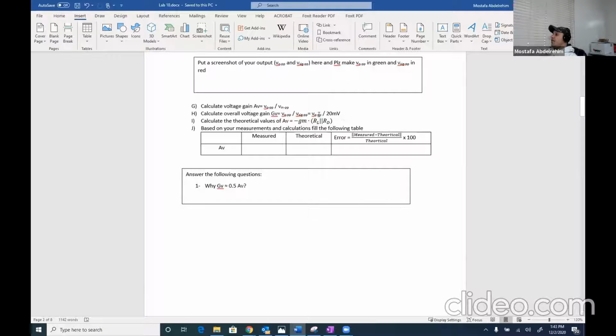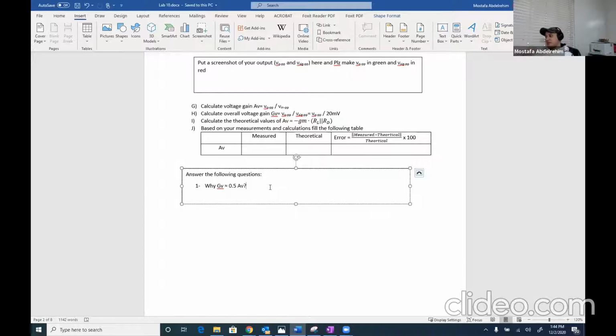Then you calculate the theoretical value of EV. We just made it now, minus GM times RL parallel RD, which should be minus 17.625. And you should compare here the values together. And you should here answer why GV equal to half AV, and I already did this with you guys in the notes, because of course our input has the same value of our signal, so our input over our signal plus our input is just half.